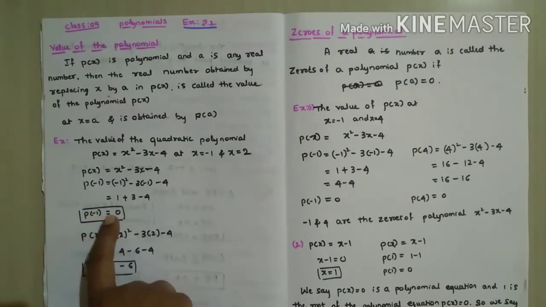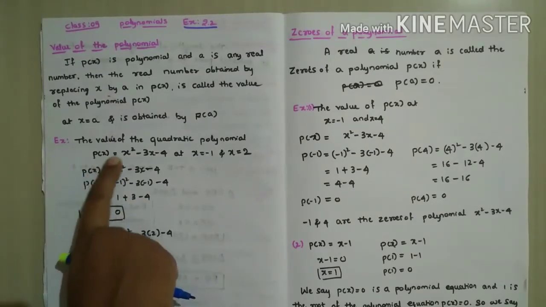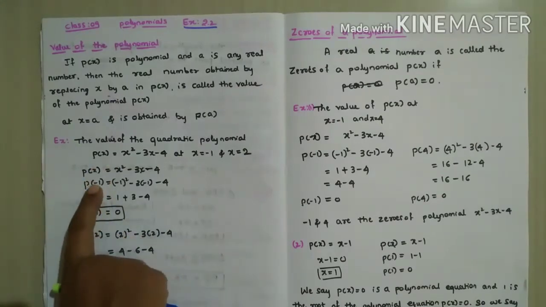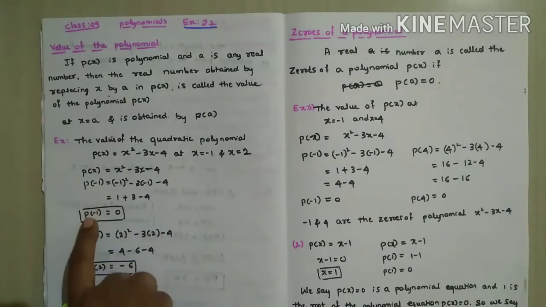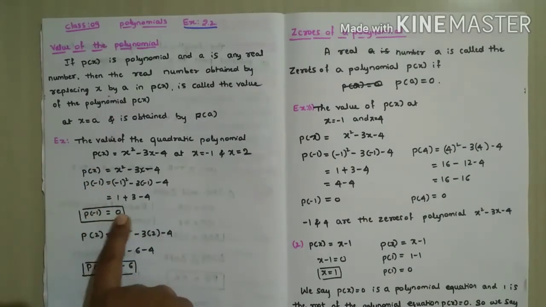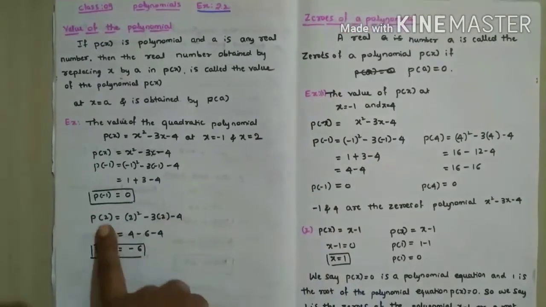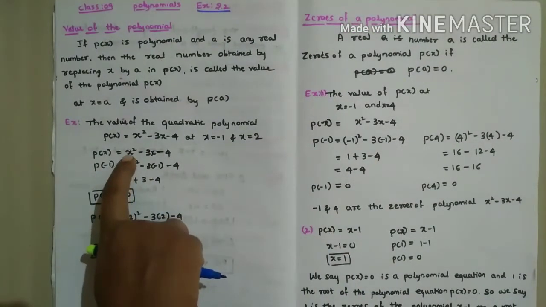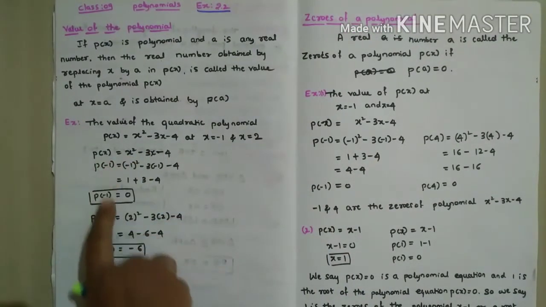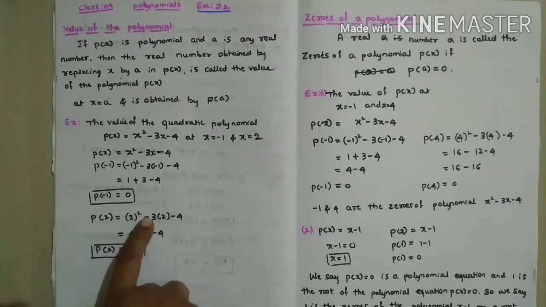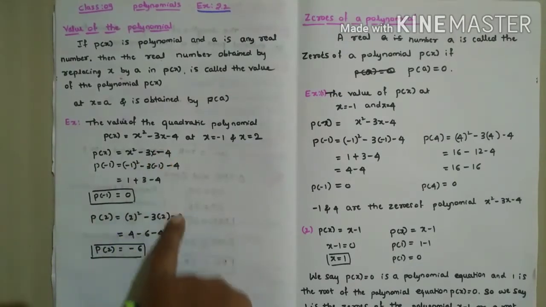So p of minus 1, in place of x we replaced minus 1, equals 0. This is one value of the polynomial. Similarly, in place of x we replace 2. P of 2: 2 square minus 3 into 2 minus 4.